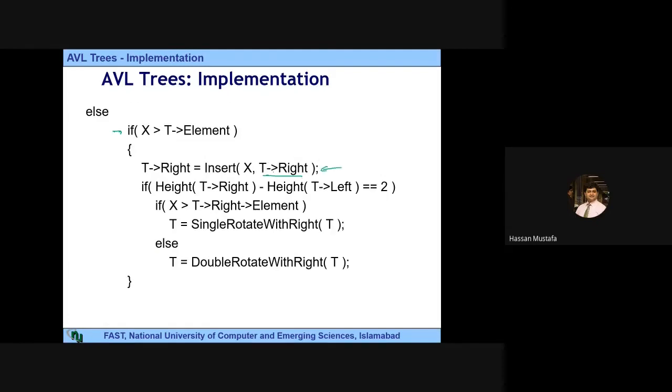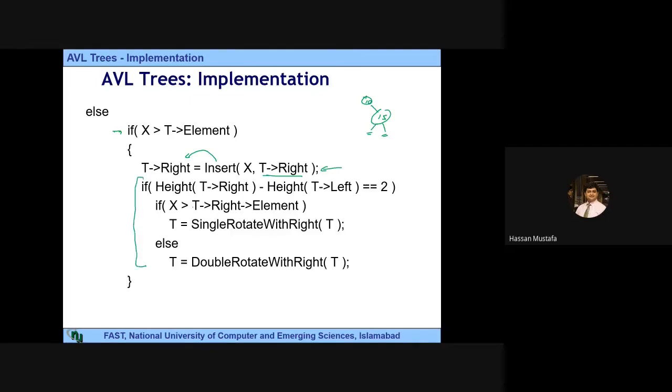Okay, so after this call, I receive the address and I fix this to the right of node number 10. Now this is the tree after adding a node towards the right of this child.